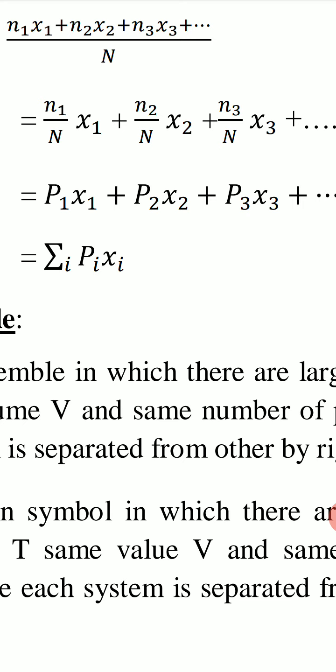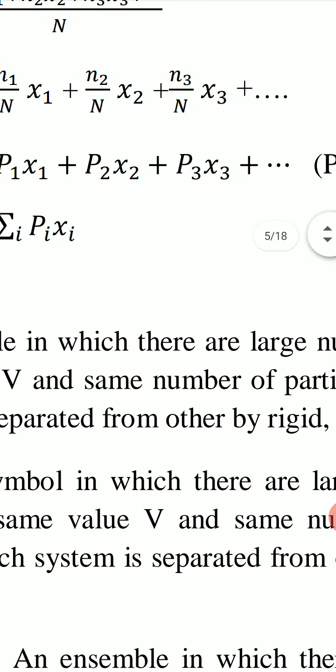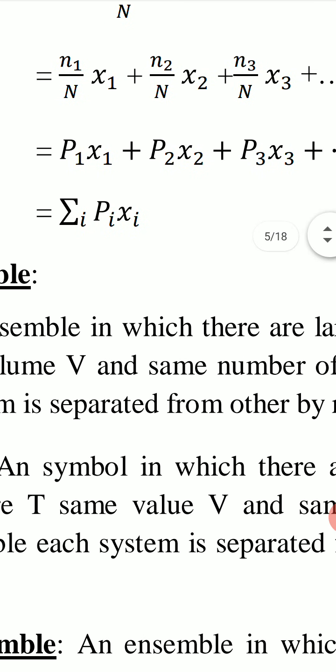Similarly, N2 upon capital N is P2, the probability that the value of X is X2, and so on. So the average value of X is equal to P1 X1 plus P2 X2 plus P3 X3 and so on, and we can write it as summation Pi Xi.